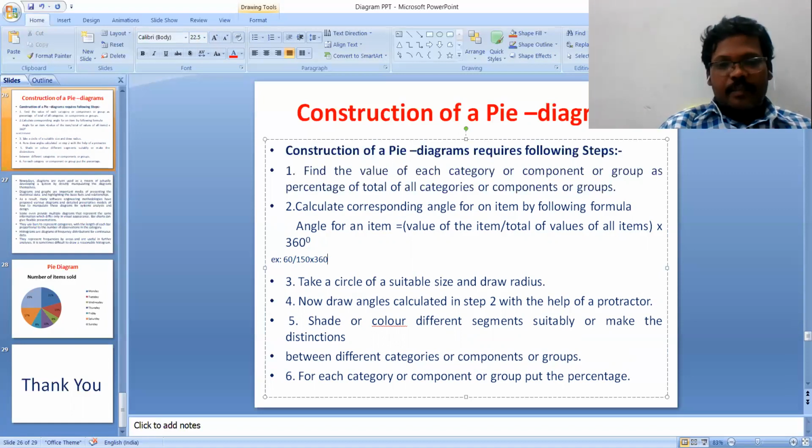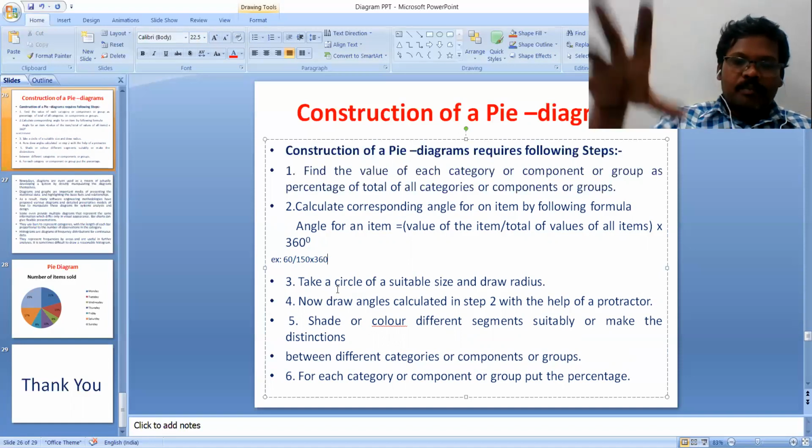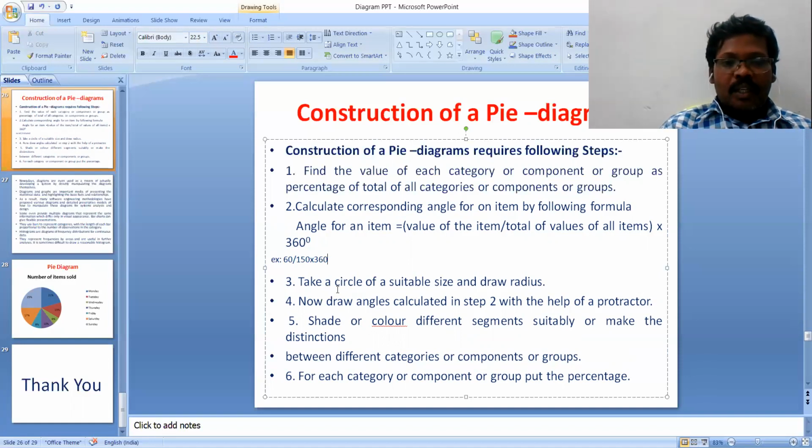Based on this, we take the angle. Next, take a circle of a suitable size and draw a radius. Now draw the angle calculated in step 2.